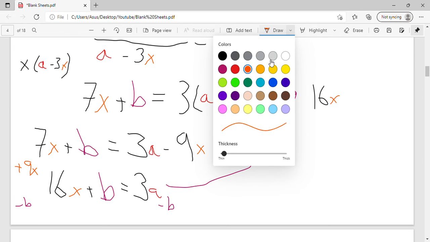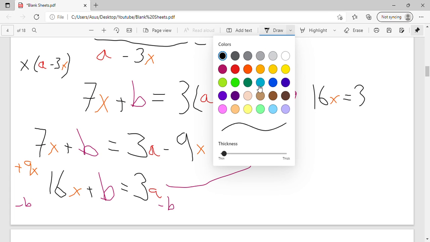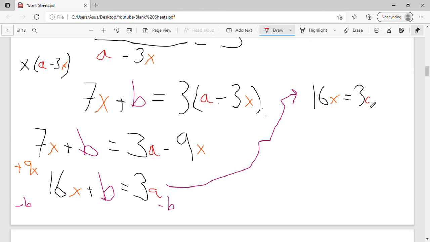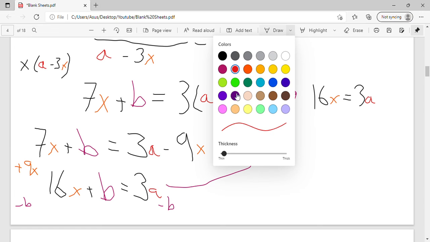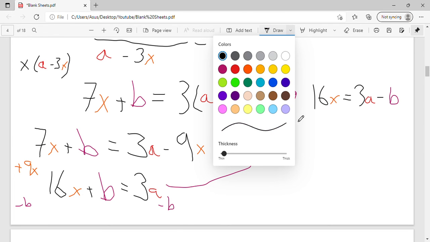So 16x equals 3a minus b. Okay, now we've got to get rid of this 16, so we just divide both sides by 16.